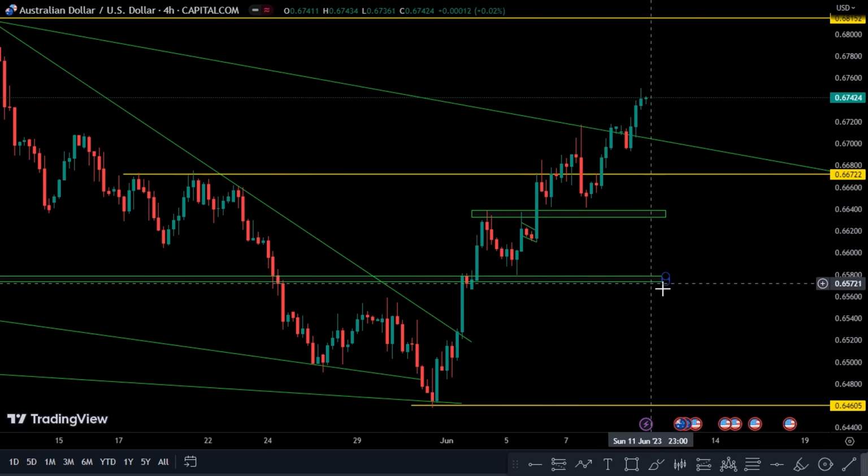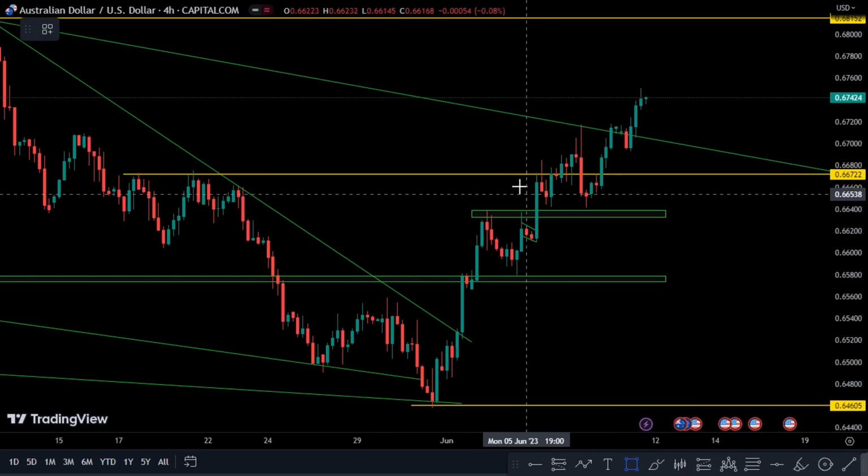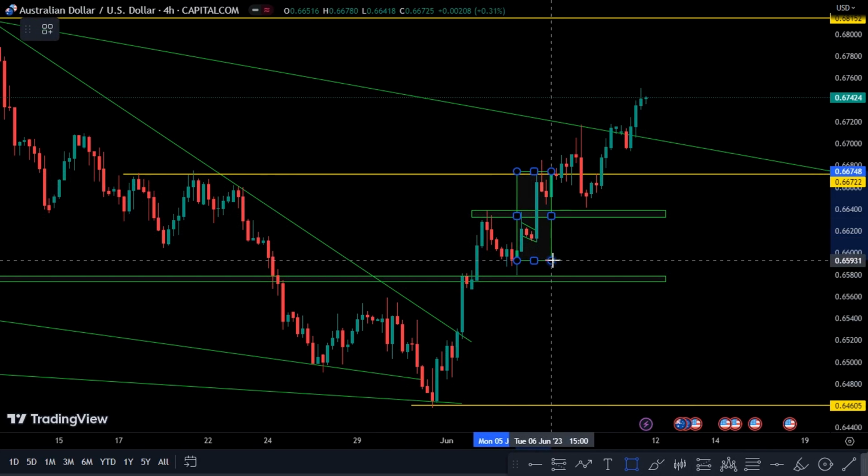So let's dive deeper inside this price action so that I can break down the entire thought process that went into this trade.